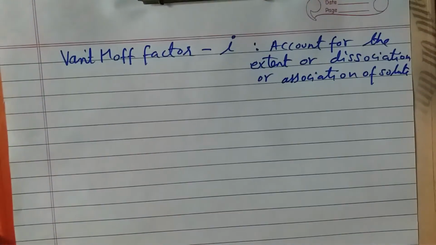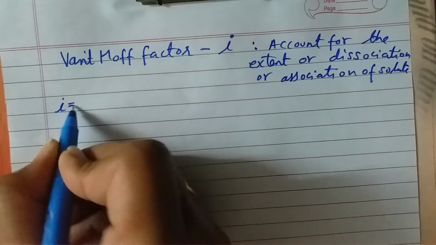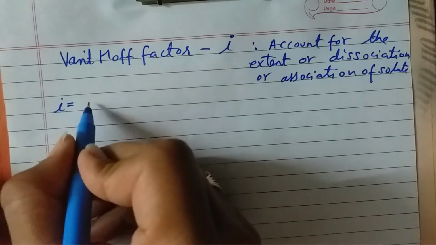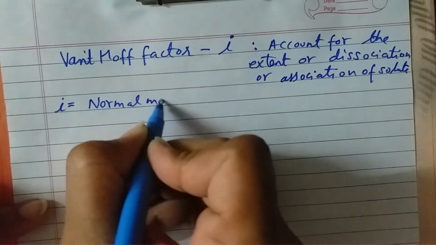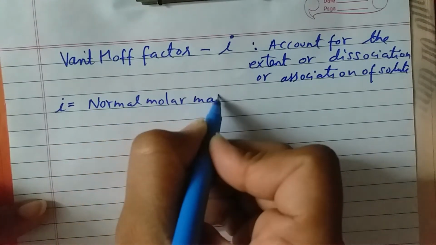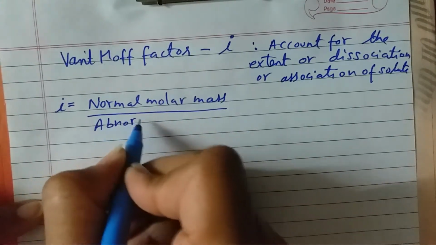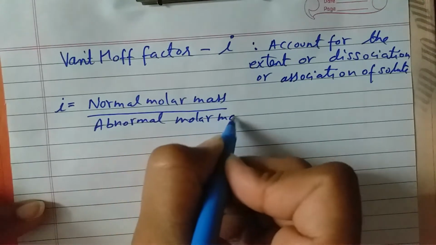Now this Van 't Hoff's factor is defined in 3 ways, and it can be calculated using these 3 formulas also. The Van 't Hoff's factor i is defined as the normal molar mass upon the abnormal molar mass.